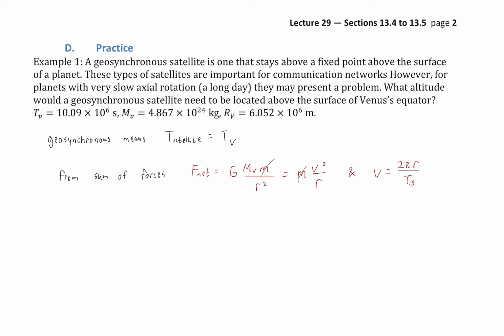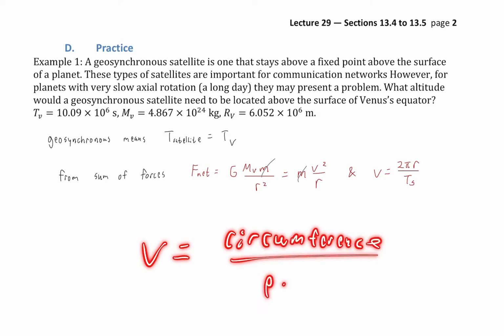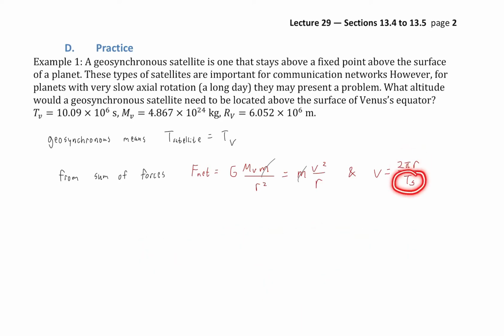So that means that for the velocity of a satellite, it's simply the circumference over the period, okay? And that's what we're showing here. Circumference 2 pi r over the period of the satellite. And we know that the period of the satellite has to be the same as the period of Venus because this is a geosynchronous satellite.